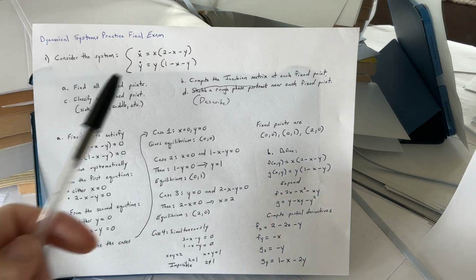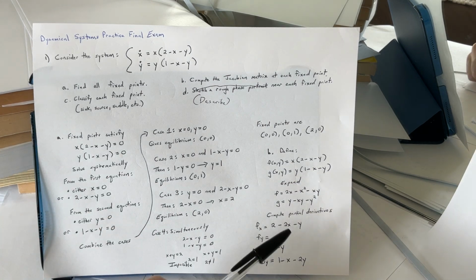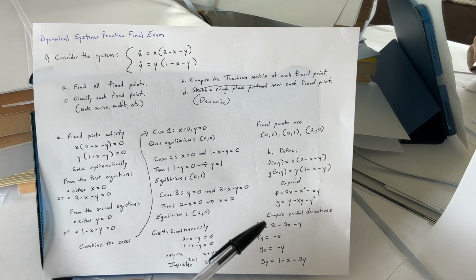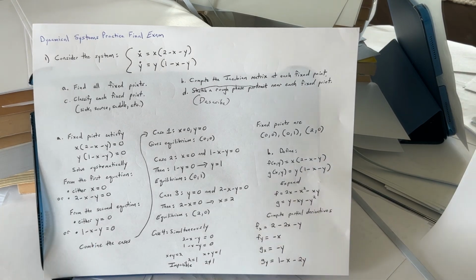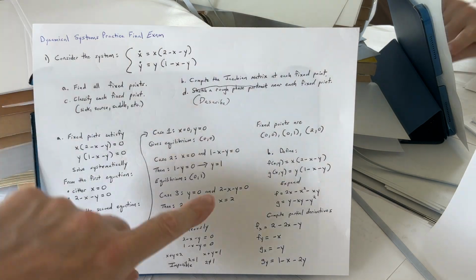Here we compute the partial derivatives: partial f with respect to x, partial f with respect to y, partial g with respect to x, partial g with respect to y. That's what we get.